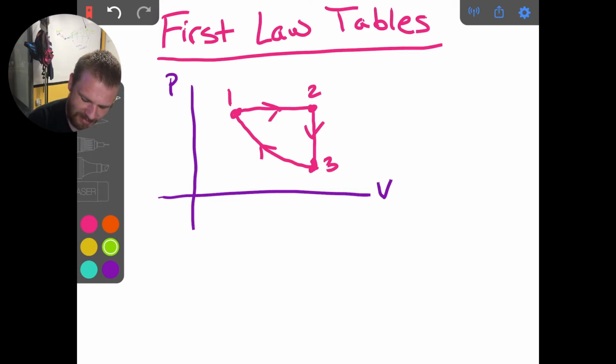And I want to analyze or break down a couple of pieces of this cycle. We have one process in which the volume increases from 1 to 2 here, and then a process where the volume doesn't change from 2 to 3, and then a process where the volume decreases from 3 to 1. Which of these processes would you identify as being the expansion work? Well, expanding is when the volume increases, so I would say the integral under this segment of the curve is the expansion work.